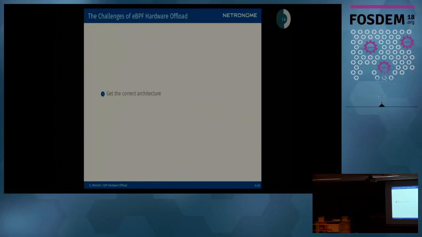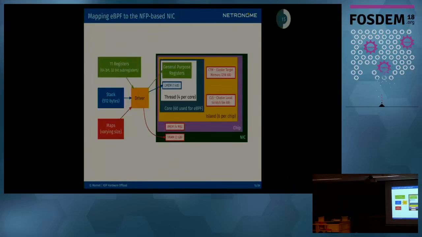First, if you want to offload, you have to get the correct architecture. You must have a card that's able to offload BPF. So this is a simplified presentation, of course, of the Netronome NFP card. You have a NIC, you have a chip on that NIC. You have 6 islands per chip.